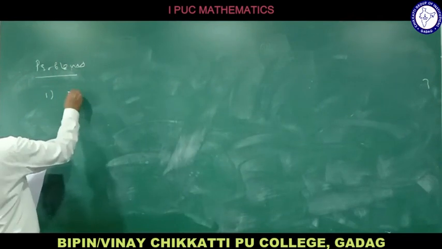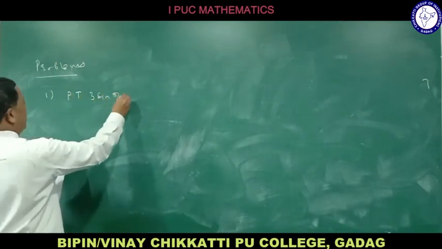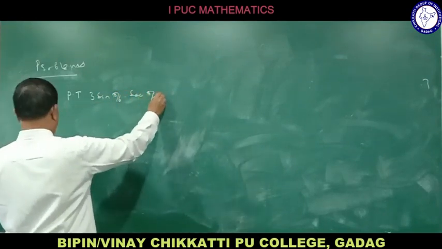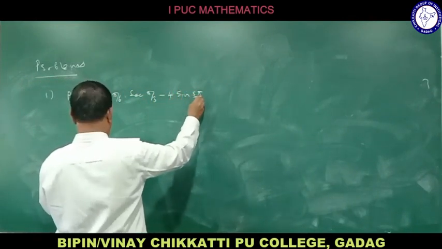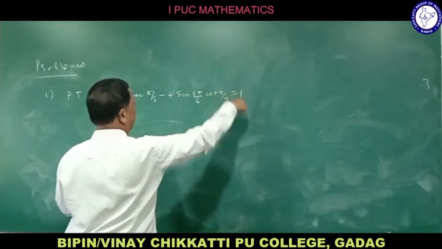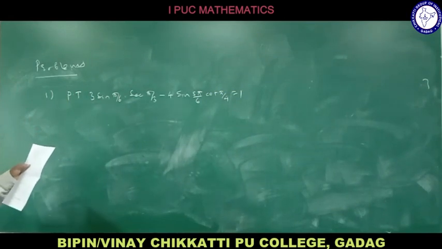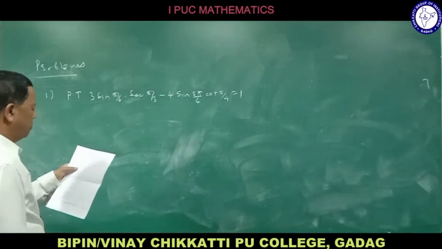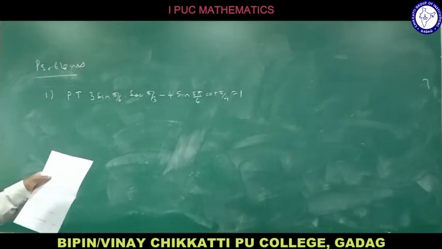The question is, prove that 3 sin pi by 6 sec pi by 3 minus 4 sin 5 pi by 6 cot pi by 4 equals 1. Once again, 3 sin pi by 6 sec pi by 3 minus 4 sin 5 pi by 6 cot pi by 4.